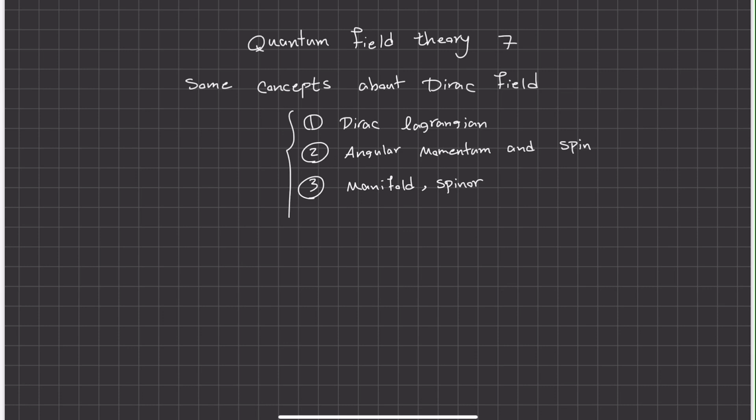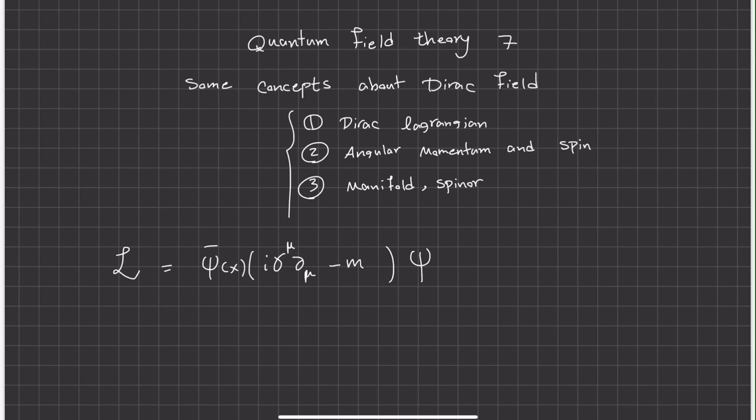Okay, so now I'm going to start with the Dirac Lagrangian. So what is the Dirac Lagrangian? We didn't talk about it. The Dirac Lagrangian is equal to psi bar of x, then we have the Dirac operator here, similar to the Dirac equation, and then on that side we have psi of x.